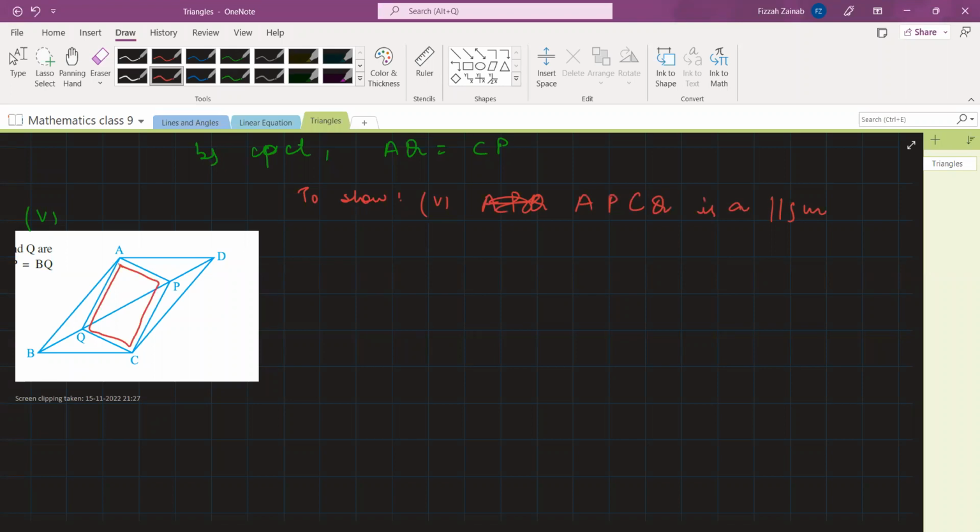So what is the property of a parallelogram? Opposite sides are equal. So in previous part number second and fourth, what have we proved? From part second, we have proved that AP is equal to CQ. Now, from part fourth, just now, we have proved that AQ is equal to CP. Getting it?